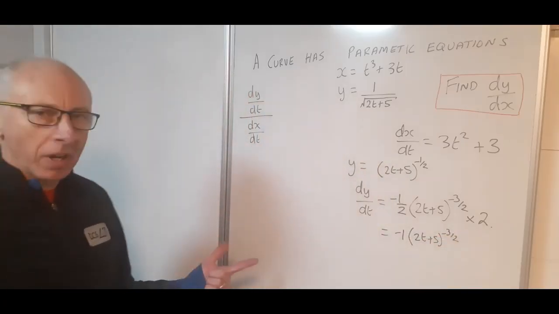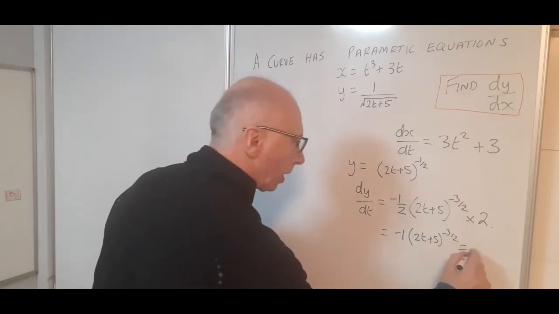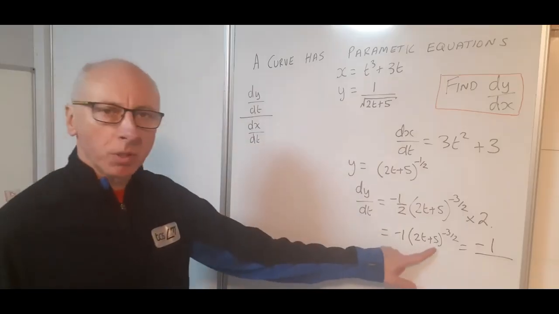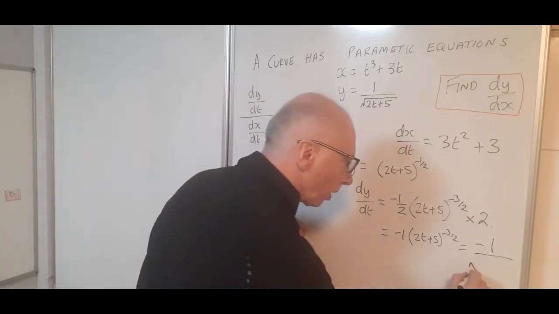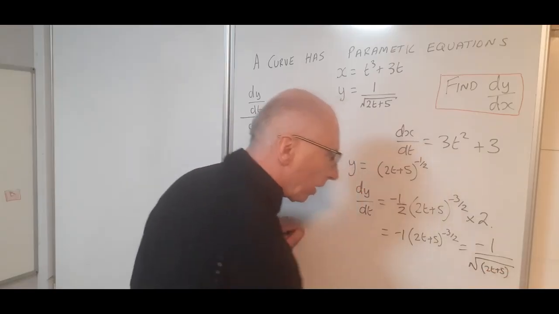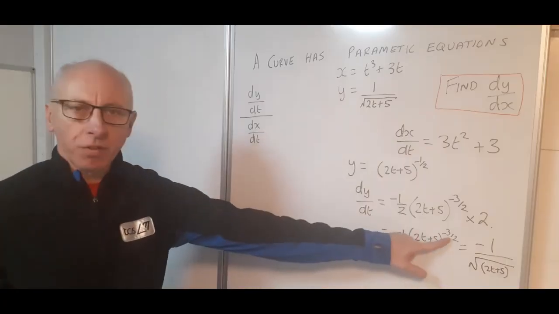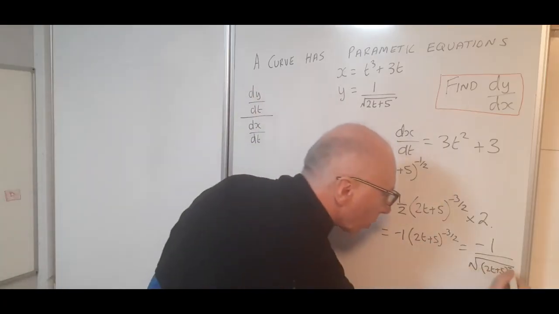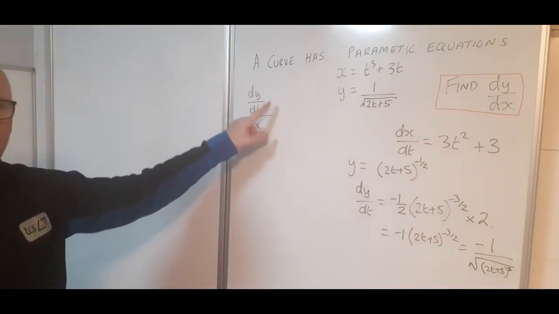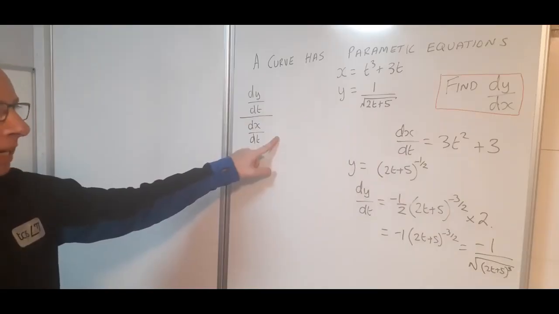Now I can simplify this. So that would equal minus 1 over, now 2t plus 5 would stay in the square root, so give that a bit of space, 2t plus 5, and as there's a 3 there, that would be cubed, so quantity cubed there.